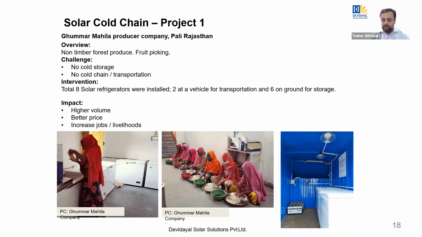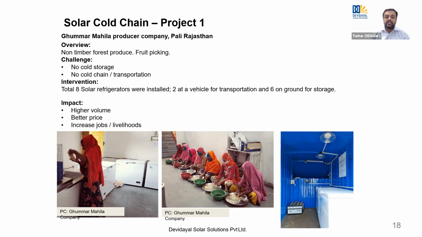Now, what was really causing issues was that there was no cold storage, there was no cold transport, and as a result, 90% of this fruit was browning, and because it was brown, it was fetching a lower price, and about 10% of the fruit was getting spoiled. As part of the intervention, funded by Efficiency for Access, there were 2 solar refrigerators installed on a vehicle that gave them about 400 kilos of carrying capacity.